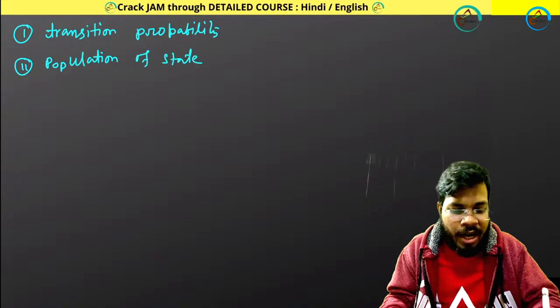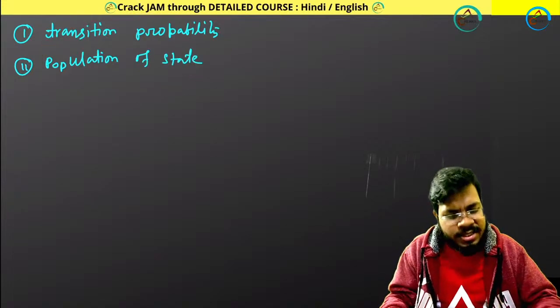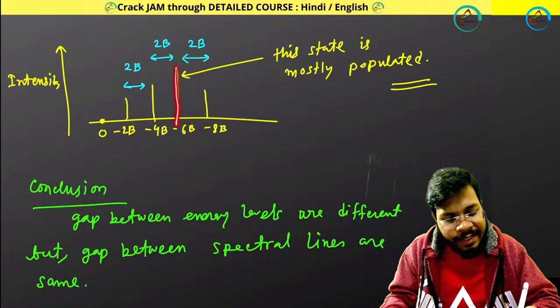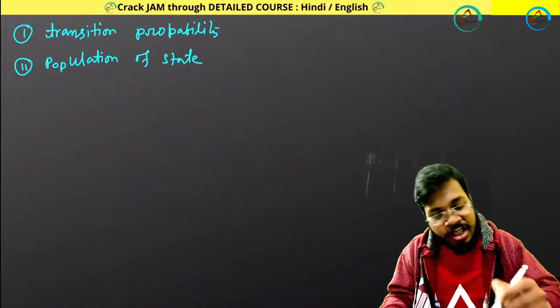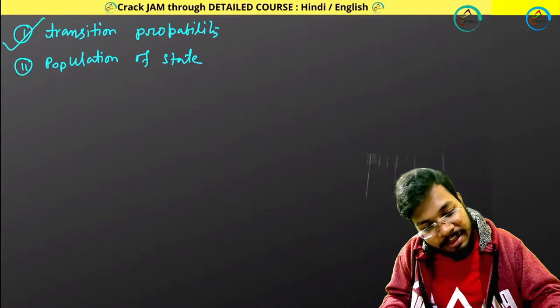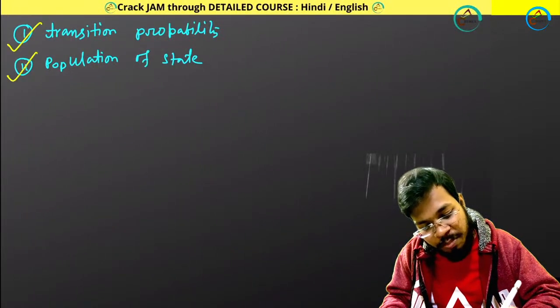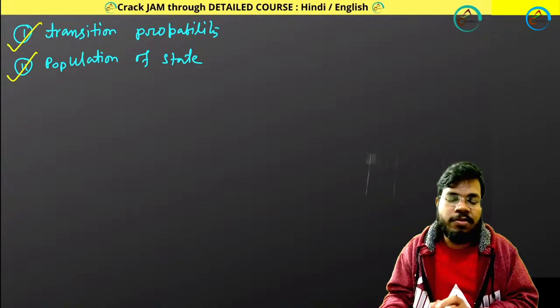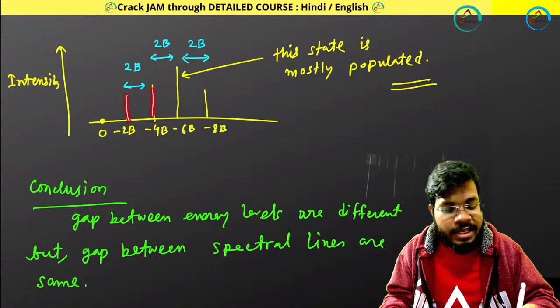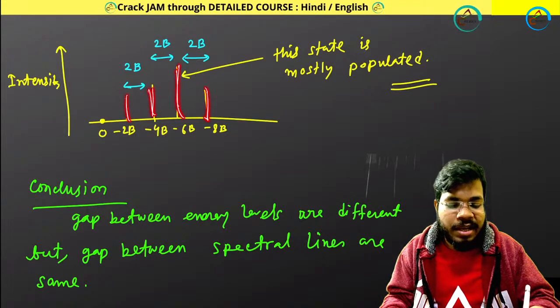So through these two factors we will be trying to understand how this height can be determined theoretically. Fine. So this transition probability and this population of state, these two factors will be responsible for the intensity of the spectral line, the height of the spectral line.